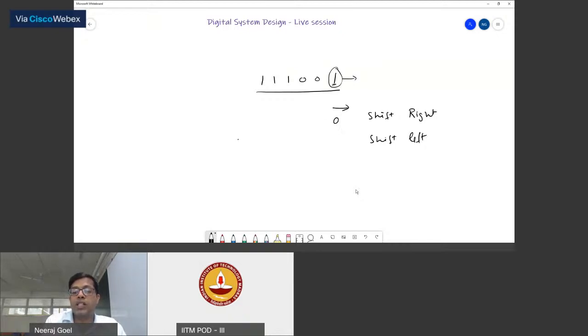Then this 0 will come here, this 0 will come to the next bit, this will come to the 1. Now this is 1, this is 1. The question is, what should be done here? What should we keep here? This particular question gives us multiple choices, whether we can keep a 0 here or we can keep 1 or something else.